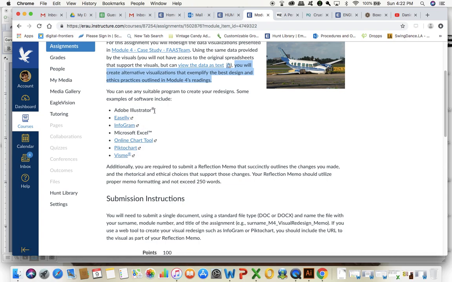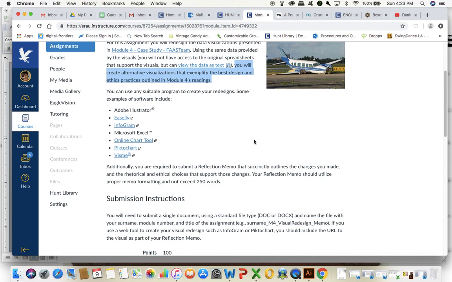If you're not familiar with any of them, I would just use the ones that are underlined, because I have Adobe Illustrator, but I have special permission to use it from the school. So you may not have access to that. Everybody usually has access to Excel. So just look briefly through which ones.